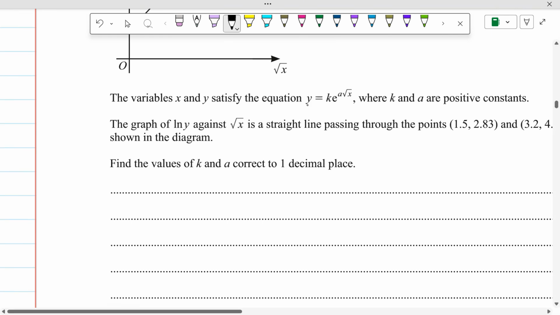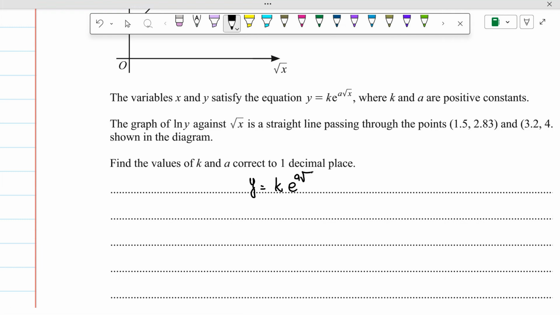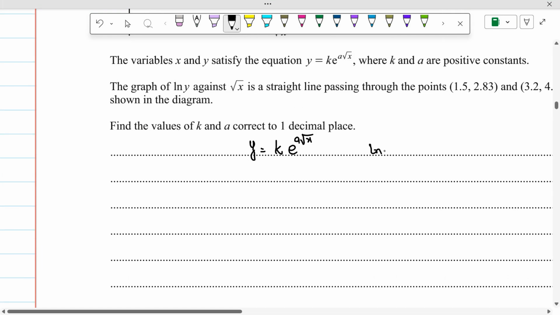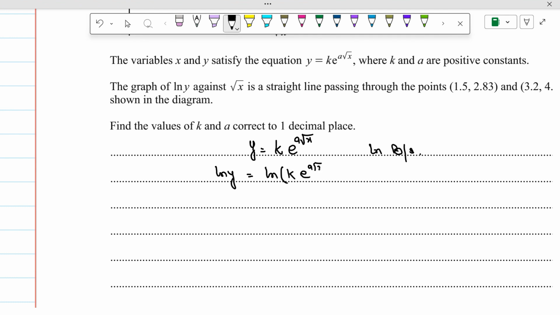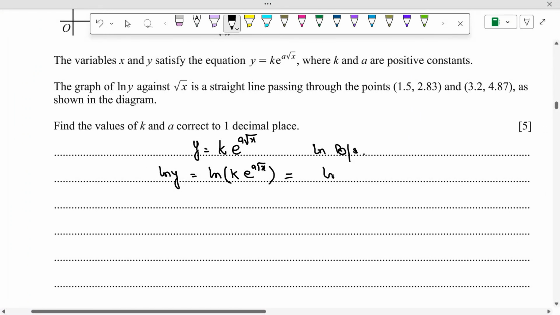It is given that we have the equation y equals k exponential of a times root x. Take ln on both sides. So ln y equals ln of k times exponential of a root x, and by the product rule we will have ln k plus ln of exponential of a times root x.